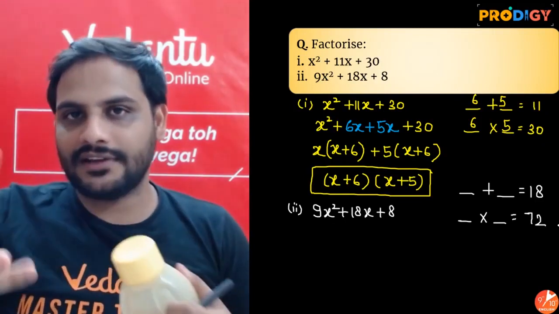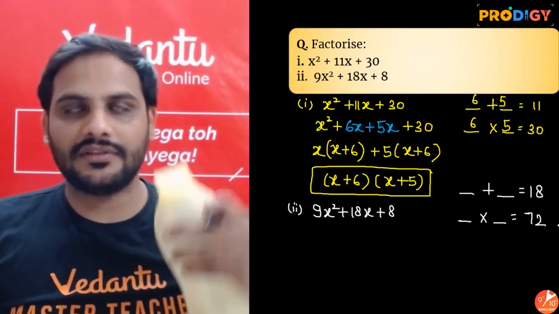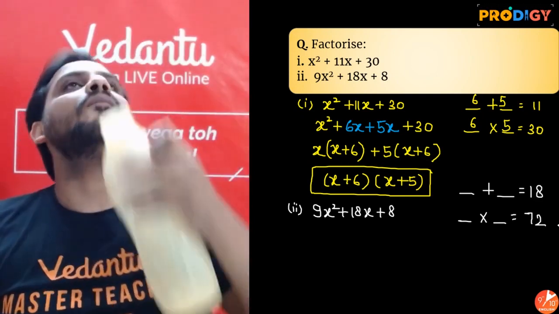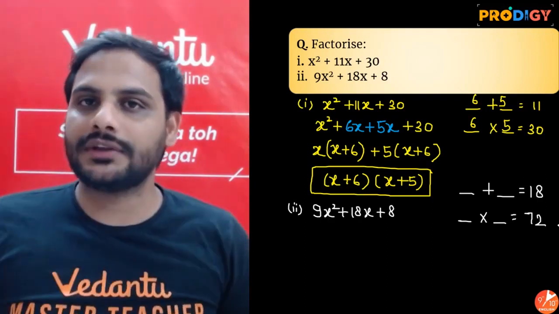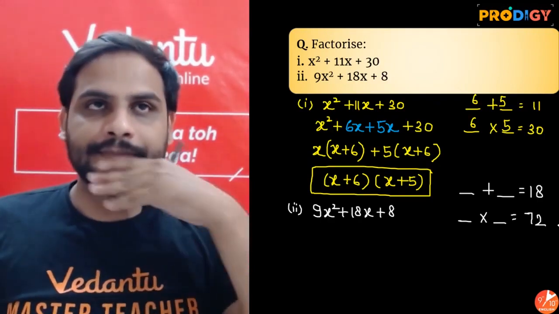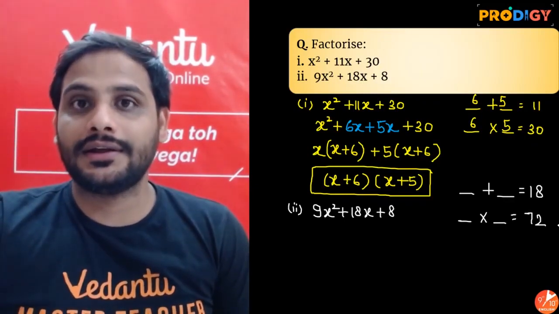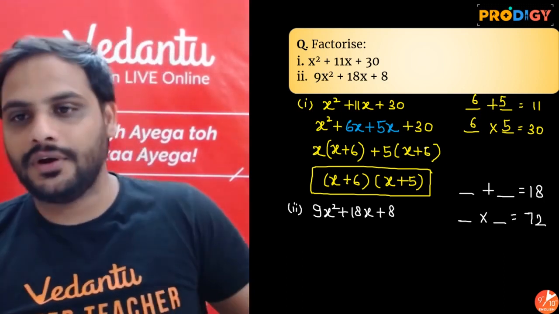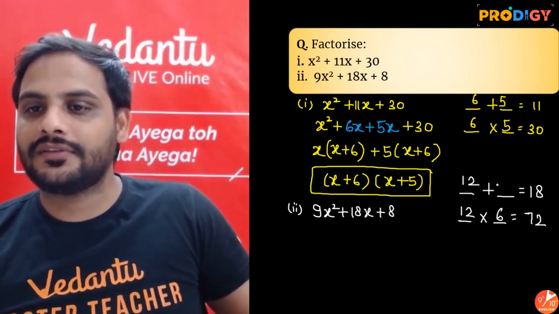Alright, so 9 8s will not work because 9 plus 8 is not 18. Simple. Next, I can say 72 into 1 or 36 into 2. Then for 72 we can get 12 6s. 12 6s are 72. Got it? Here 12 plus 6 is 18.